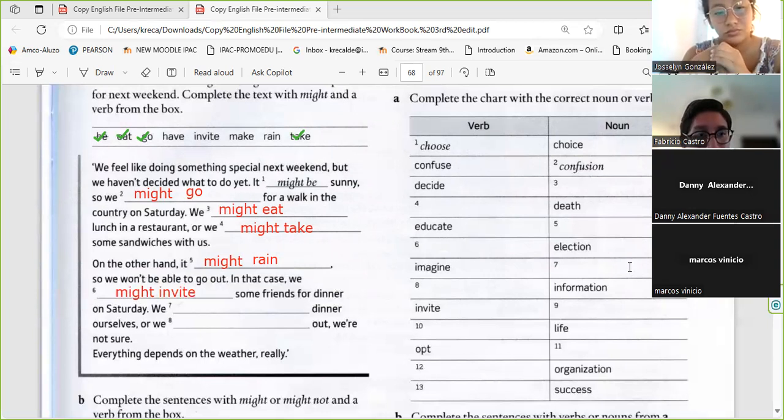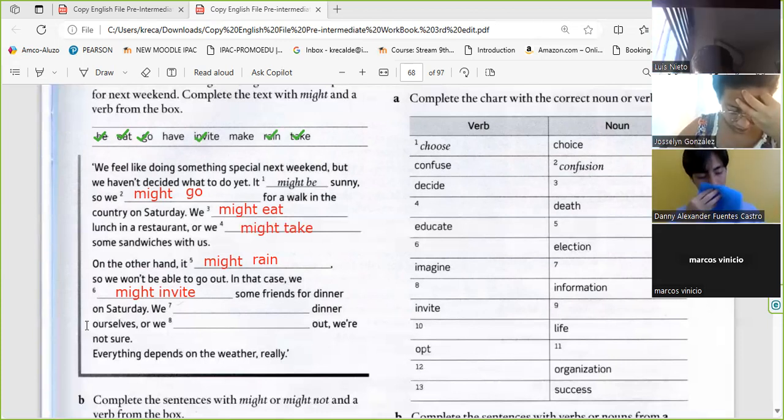Then we have number 7, Fabricio. We might make dinner ourselves.